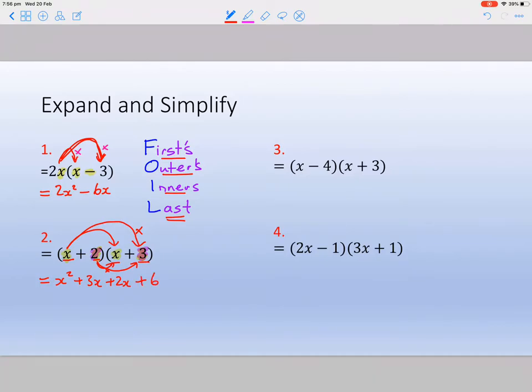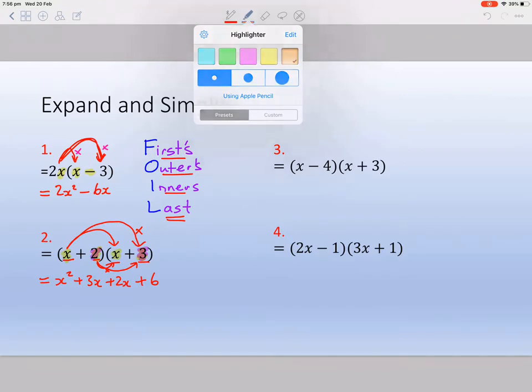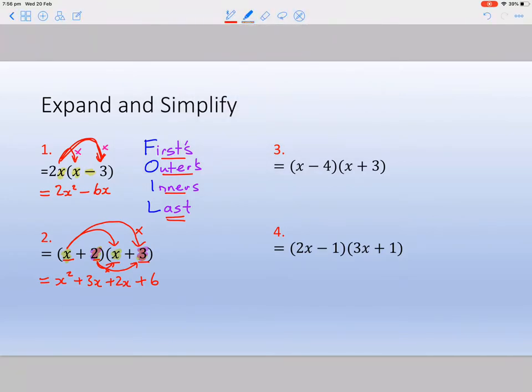Now what we're doing is that we're going to group like terms. Now I can see that this is a like term to this, and there's nothing else that's a like term. So I can just go x squared, and I'll go 3x's plus 2x's, that's 5x's, plus 6, and that's the end of the answer.